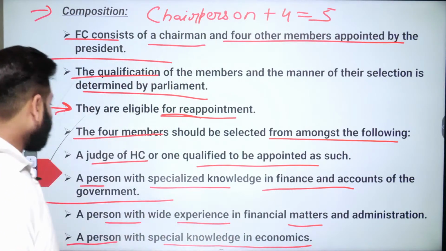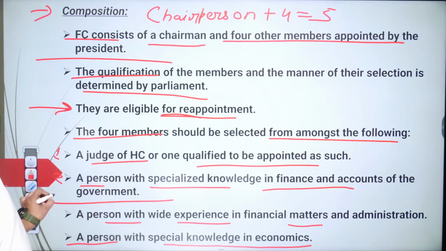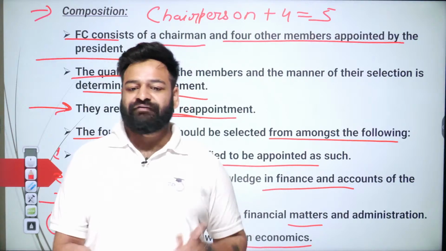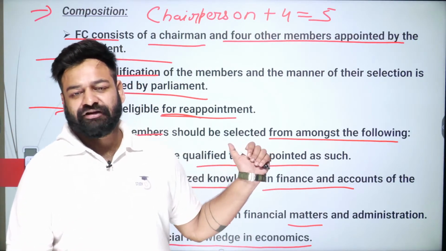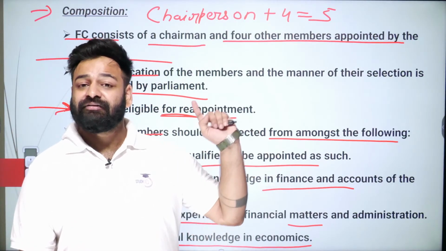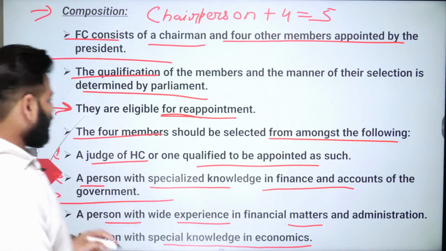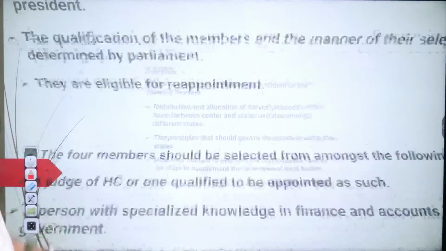So these are basically the 1, 2, 3 and 4 members. Okay, those who are taken as the experienced ones, right? Okay, so qualification, who is deciding? Parliament. Selection, president. Reappointment possible? Yes. Okay, time period, obviously 5 years.